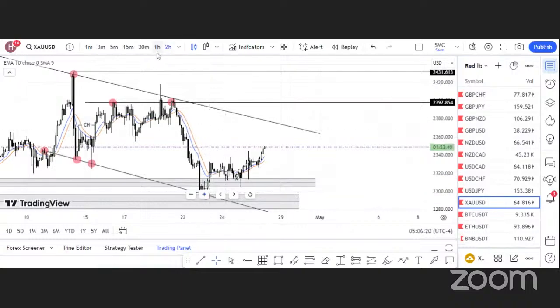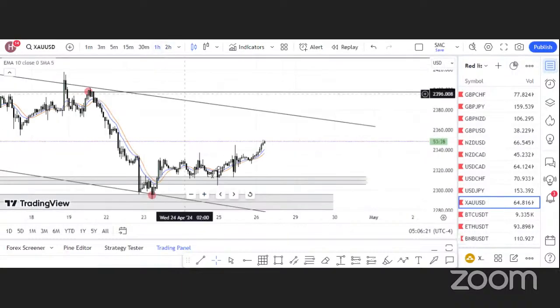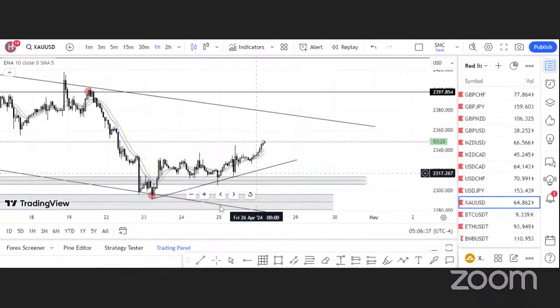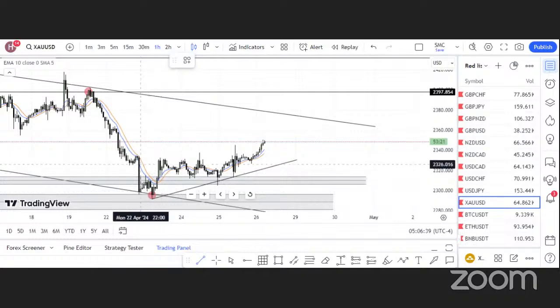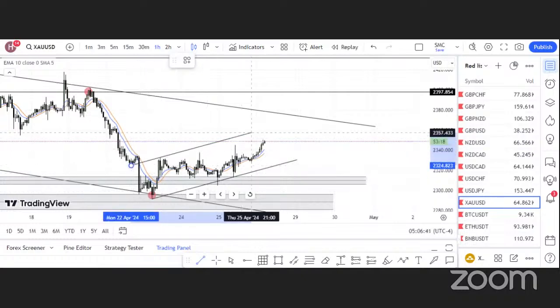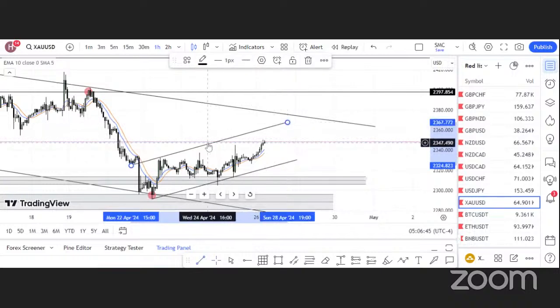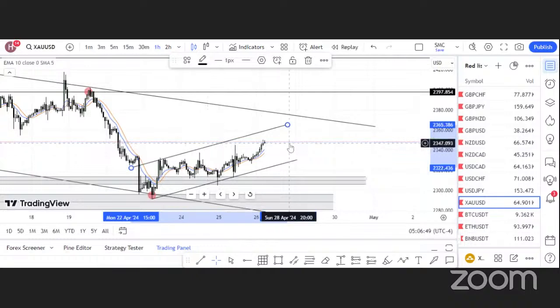Okay, so as you can see, obviously the market is currently on a bullish trend. This is the 1 hour time frame of XAU USD, and here we have the market trading to the upside direction.